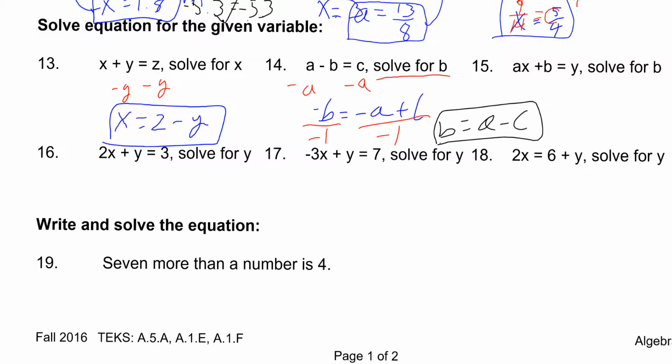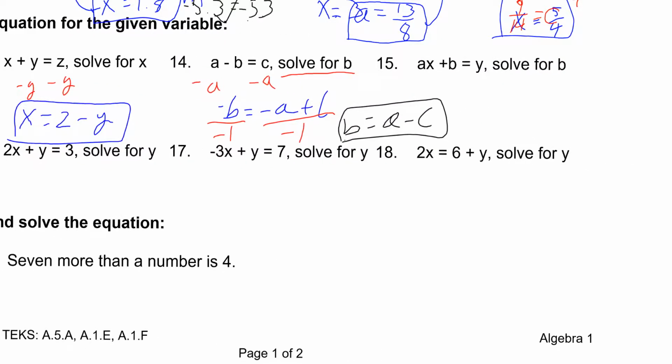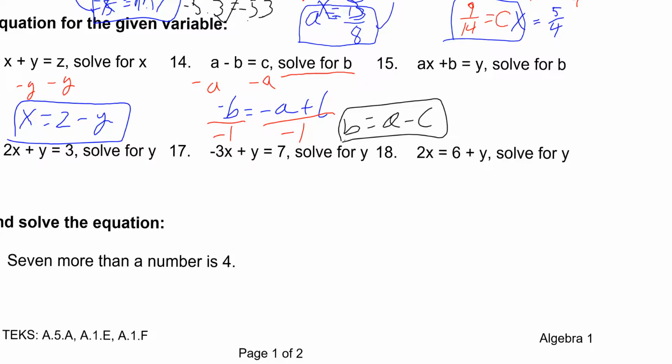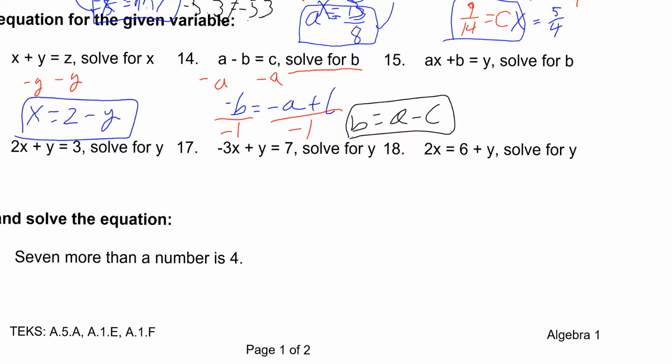Now, next thing, number 15, it's asking us to solve that equation for b. So in order to do that, we'd have to subtract ax, and we can do that. We can subtract an entire term from each side. So let's go ahead and do that.